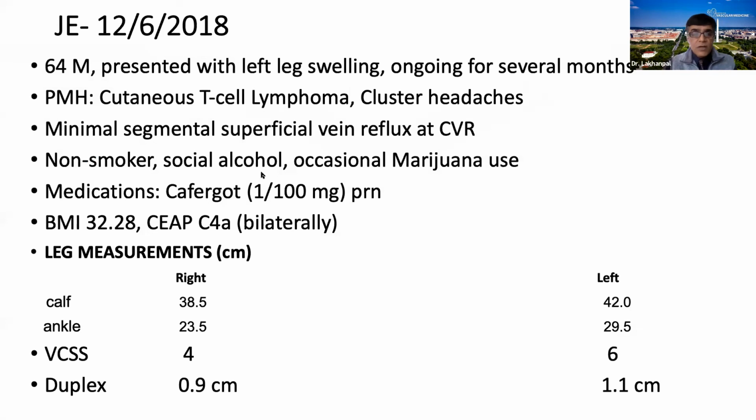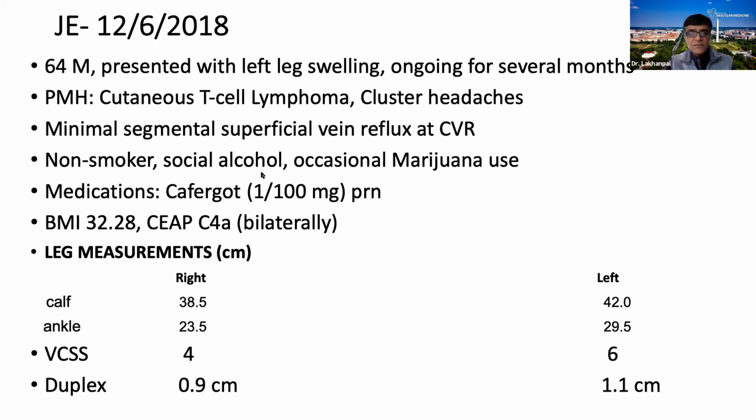And then moving on to the second part of the presentation, which I will again elucidate with a case. This was a 64-year-old male who presented to the clinic with complaints of left leg swelling, which had been ongoing for several months. He has a past medical history of cutaneous T-cell lymphoma, which is currently in remission, and also has cluster headaches.